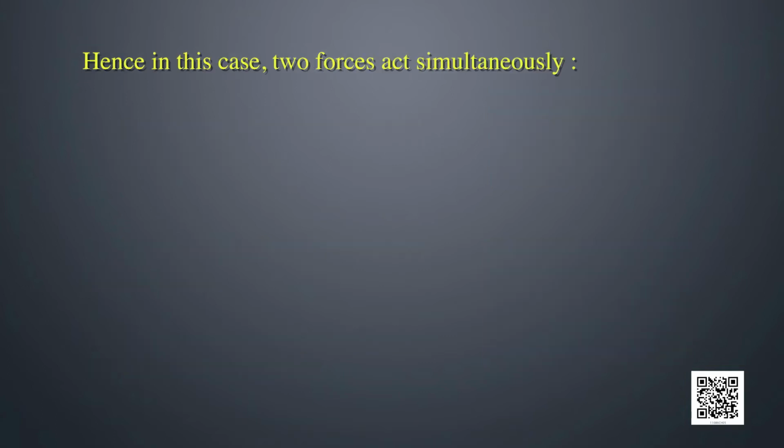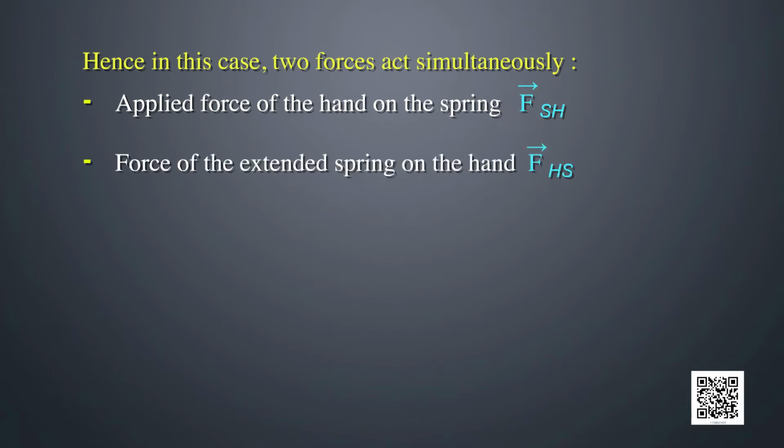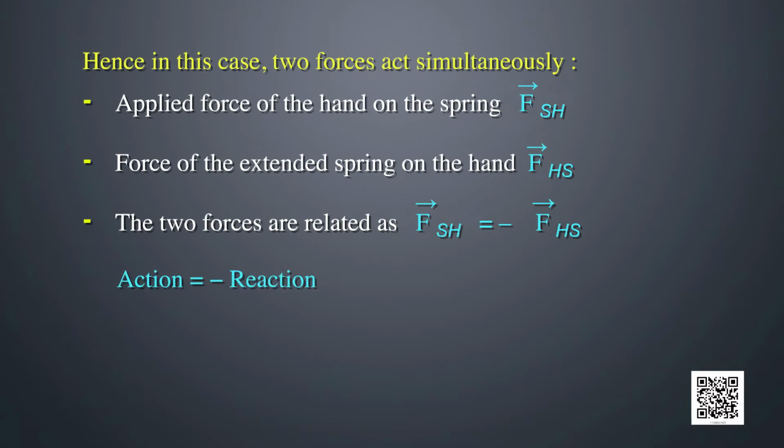Hence, in this case, two forces are acting simultaneously: the force of the extended spring on the hand, which we write as FSH, and the force due to the hand on the spring, FHS. The two forces are related as FSH equal to minus FHS, that is, action equal to minus reaction.